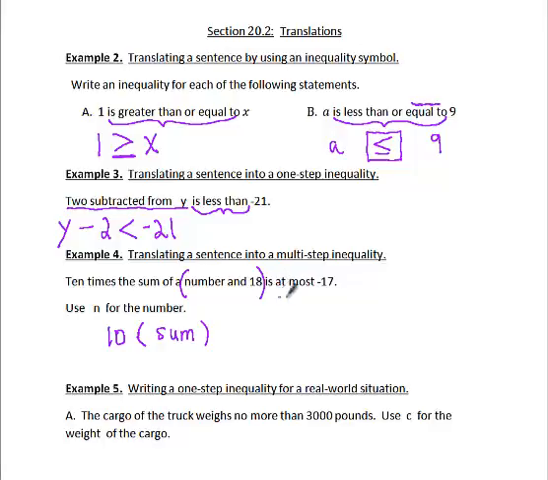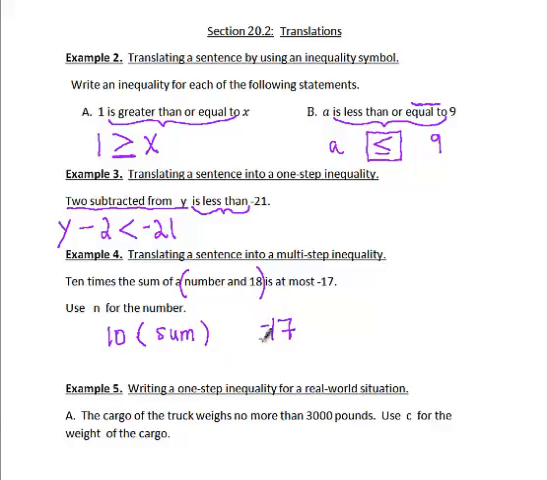And so if you say something is at most a particular number, then that basically sets an upper limit on it. And so we have negative 17, and we want to know what inequality we put in between 10 times the sum and negative 17.